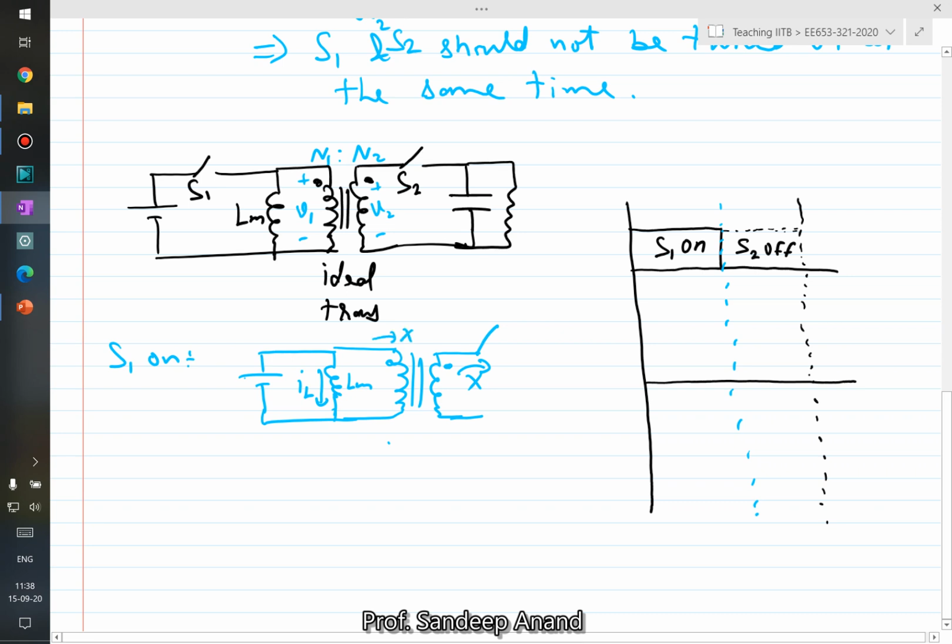Therefore the only current that flows is from the source to the magnetizing inductance, and the source is charging the magnetizing inductance.